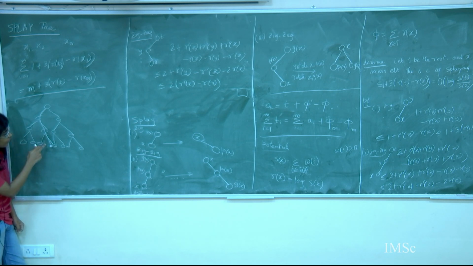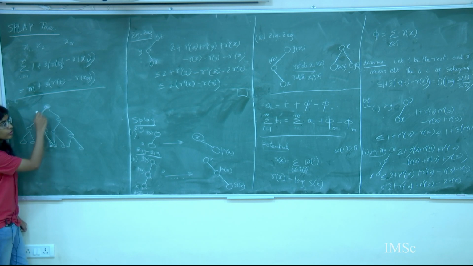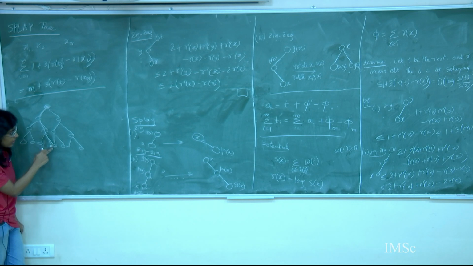Oh no, sorry, not this. You search something, and then you saw that this is the element you searched right now, because you have moved it to the root. Then you saw that okay, this is the next search element. You moved it to the root. When you move it to the root, this path will restructure, and say this is the element that will come at the last level, and you are searching for this element in the next step.